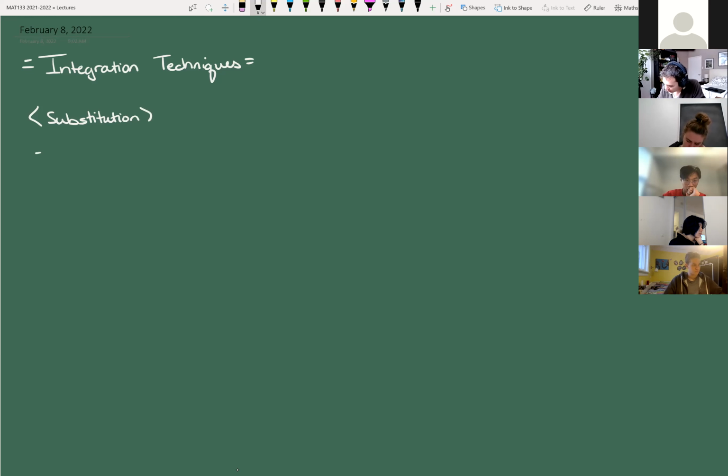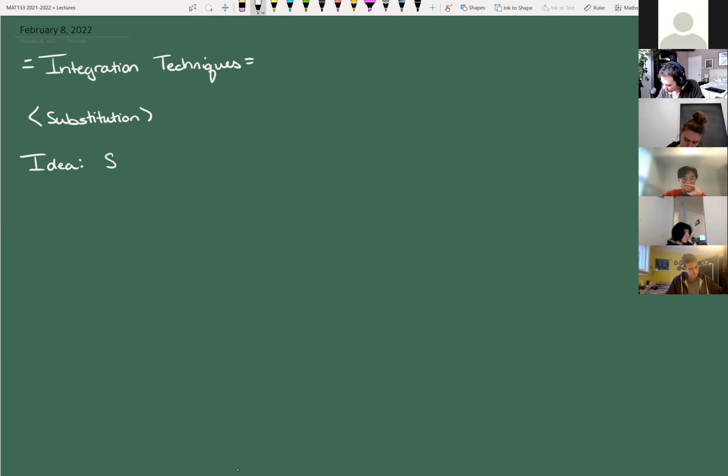So the idea: we learned from the fundamental theorem of calculus that integration is morally the inverse of differentiation, which means maybe we can use some of those rules that we learned for differentiation in reverse in order to help us integrate. So the first thing is going to be substitution, and that's going to be the chain rule in reverse, right?